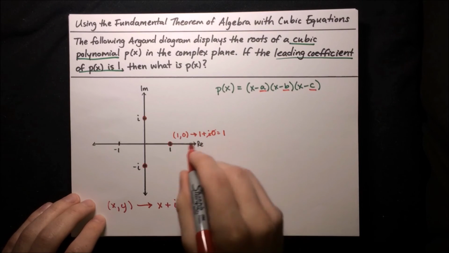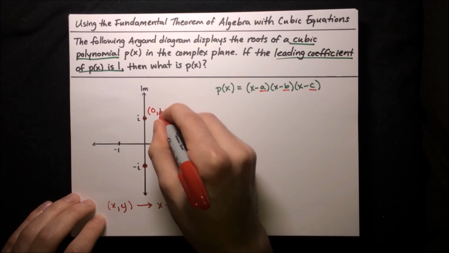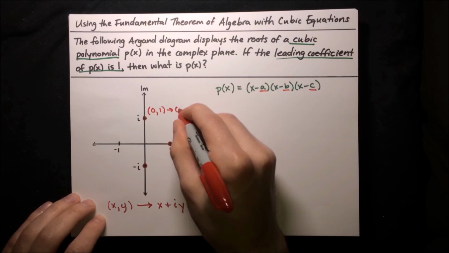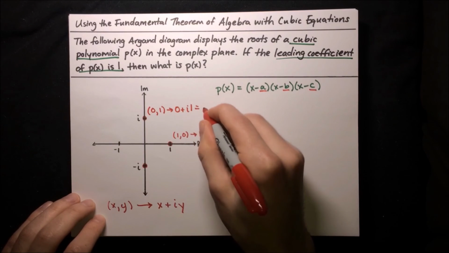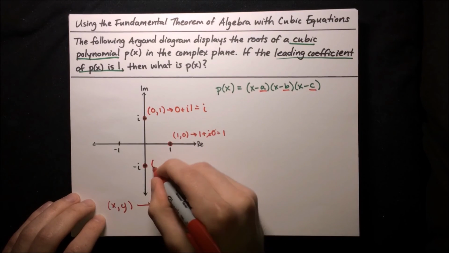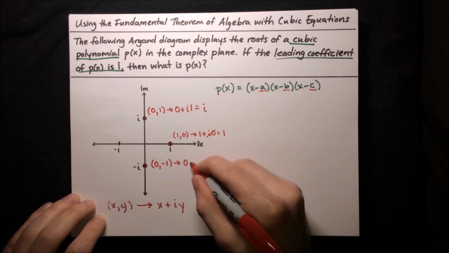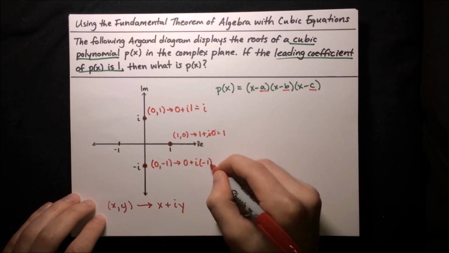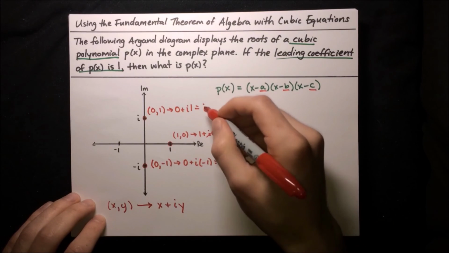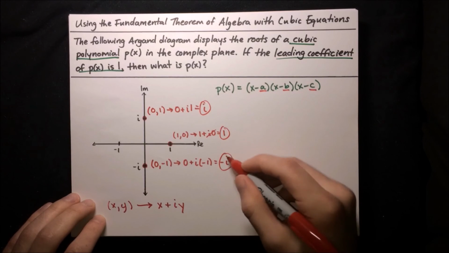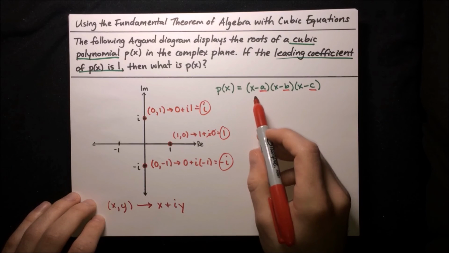And then this point right here, that's the point (0, 1), which corresponds to the complex number 0 plus i times 1, which is just equal to i. And then this point right here, that's (0, negative 1), which corresponds to the number 0 plus i times negative 1, or just negative i. Okay, so i, 1, and negative i are our roots shown in the plane here, and let's go ahead and plug these in.